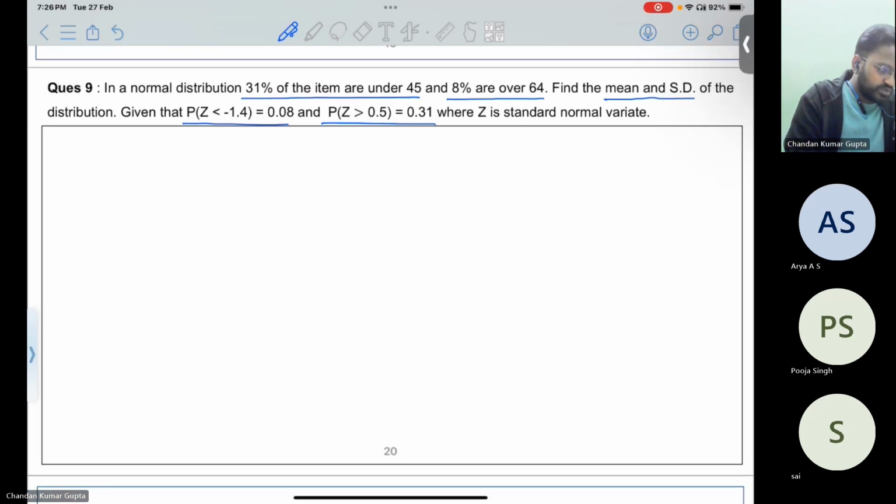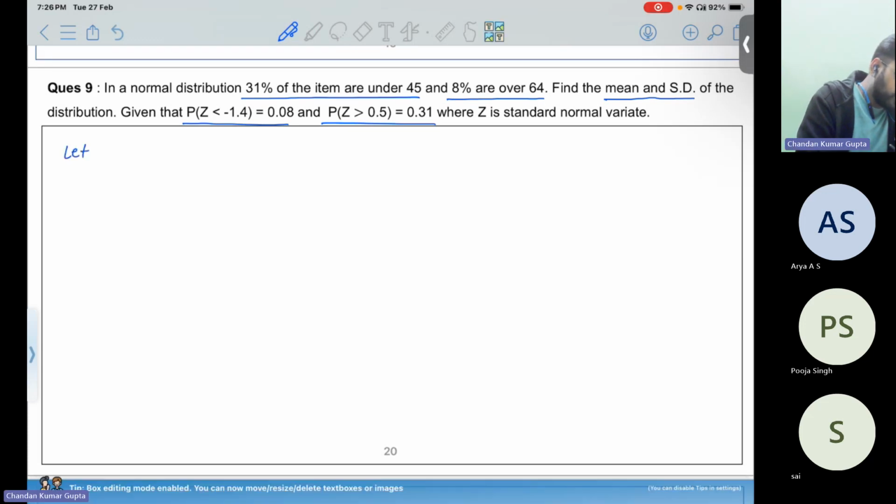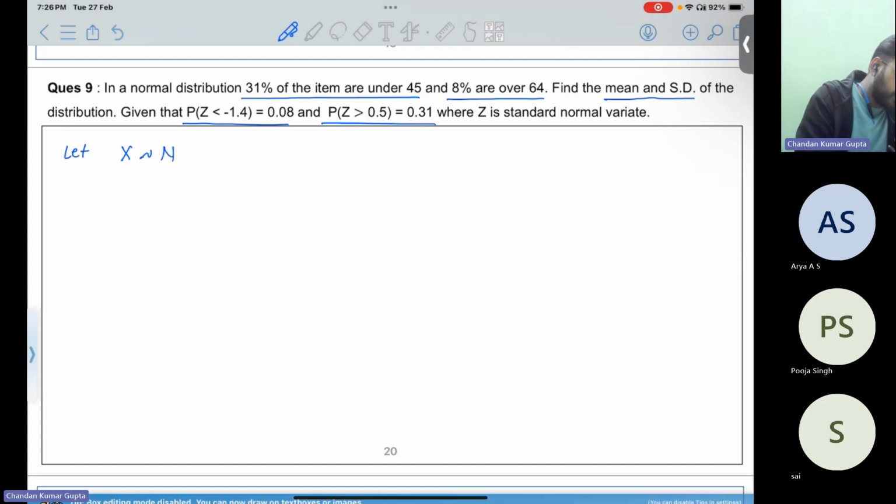So, okay then. Let's suppose X is a random variable which follows a normal distribution with mean mu and variance sigma square.